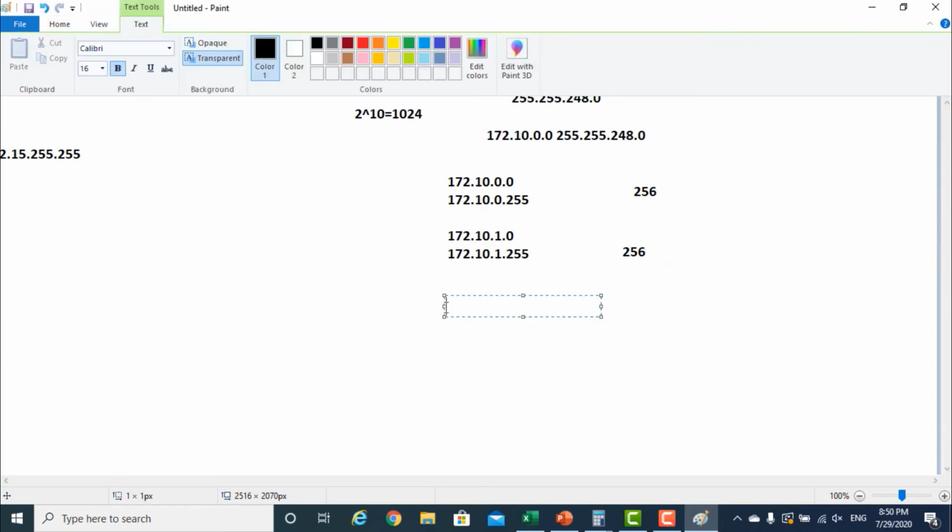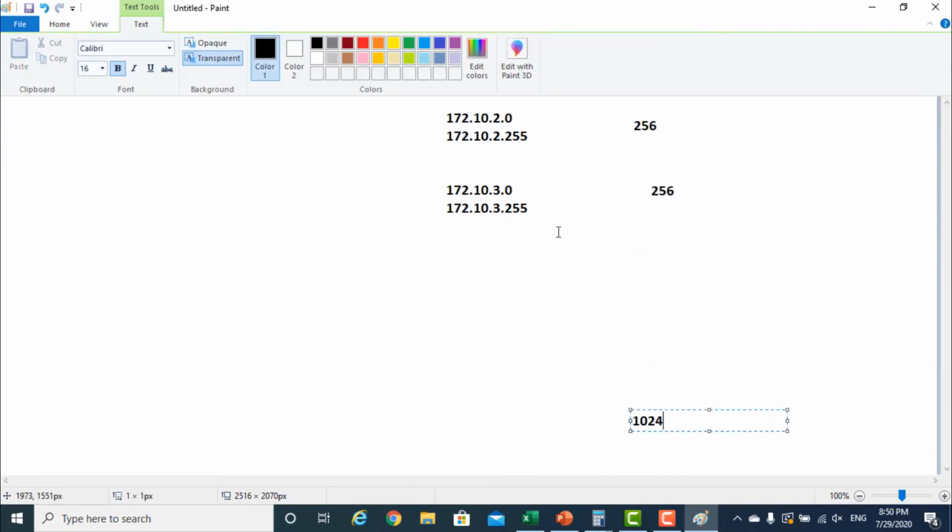We'll extend more. Then 2.0 to 172.10.2.255, and 172.10.3.0 to 172.10.3.255. So this block gives me 256, this block gives me 256. All of them together are going to be 1024. So my subnet size has been reached.